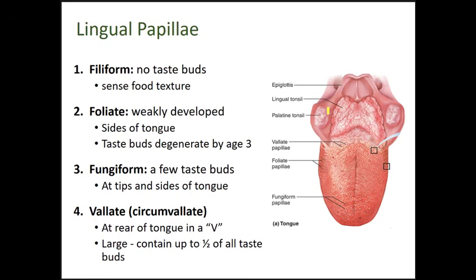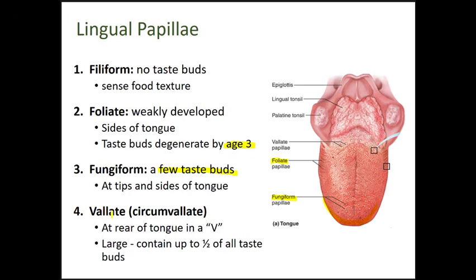Foliate, these are considered to be more weakly developed, and they actually degenerate by age 3. So they're really prominent when a child is young, and they are found on the sides of the tongue. Fungiform, this type of lingual papillae contains a few taste buds, and they're found at the tips and the sides of your tongue, so really through here.